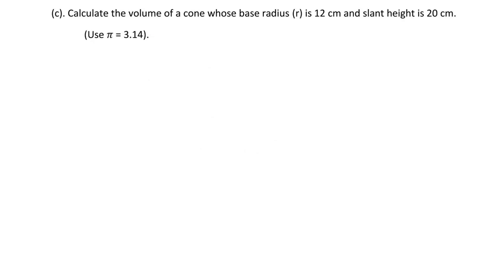Part C of the question: calculate the volume of a cone whose base radius is 12 cm and the slant height is 20 cm. Use pi equals 3.14.